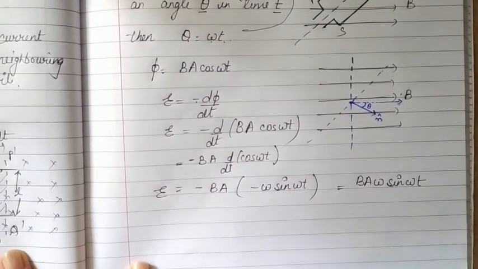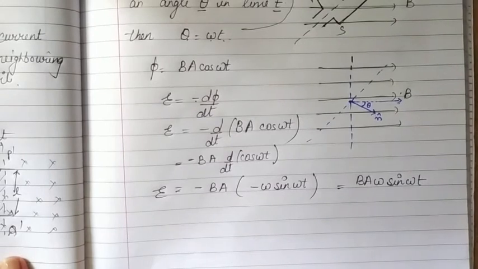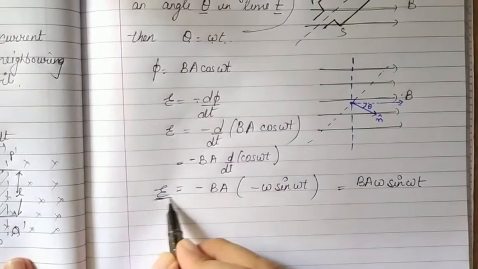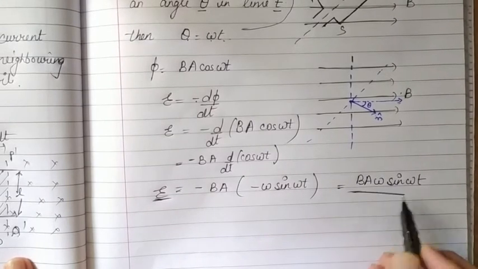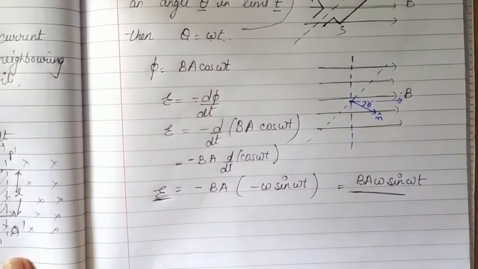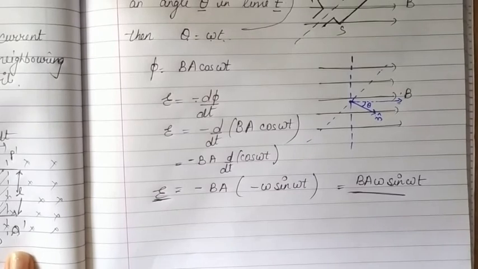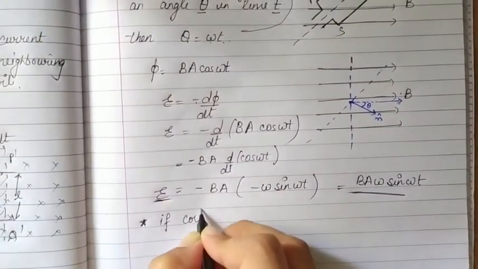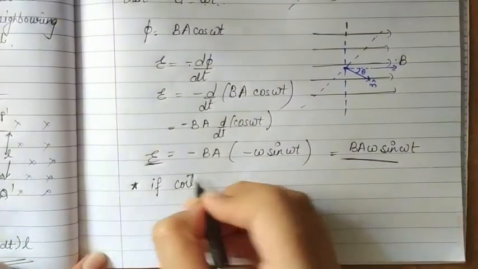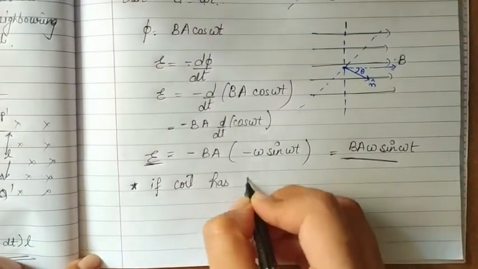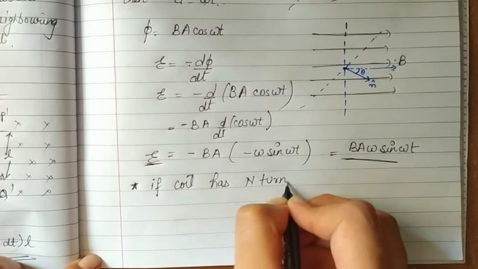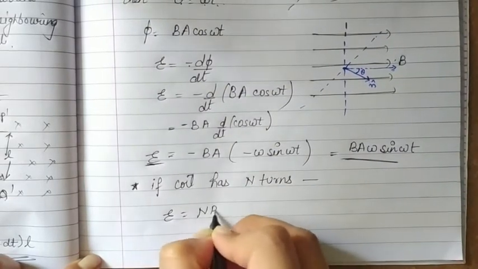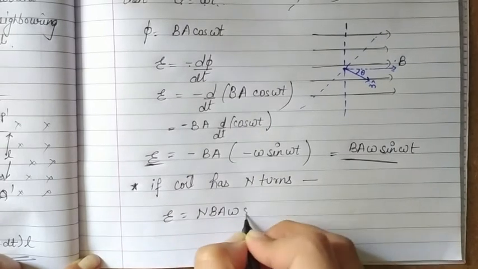So the induced EMF that is set up in the coil can be given as epsilon is equal to BA omega sine omega t. Now if the coil has capital N turns, then in that case this epsilon will be NBA omega sine omega t.